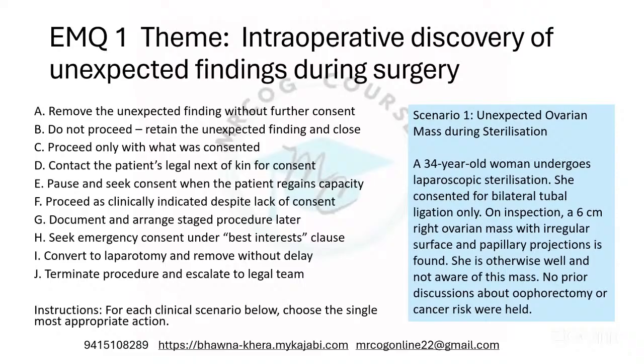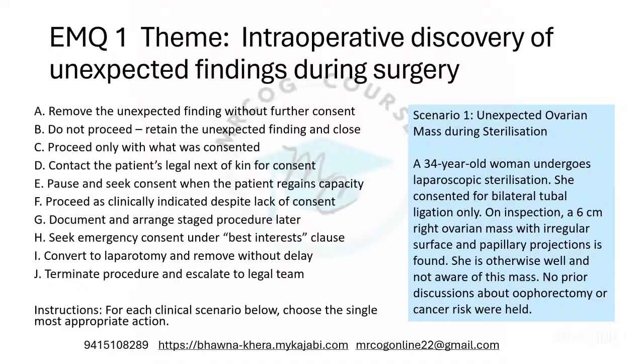Okay, so here comes another option, that's G. Document and arrange the staged procedure later. So we can just document the finding and later on we can arrange the staged procedure. So yes, this is a big confusion here. B, C, and G. Three confusions.